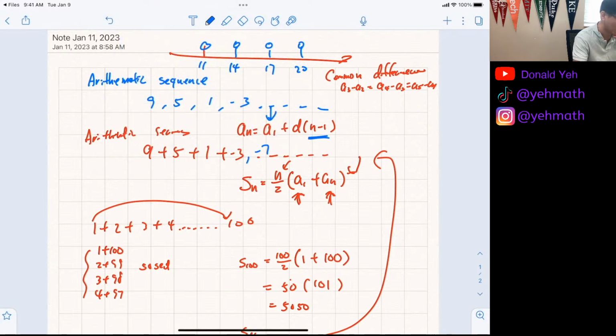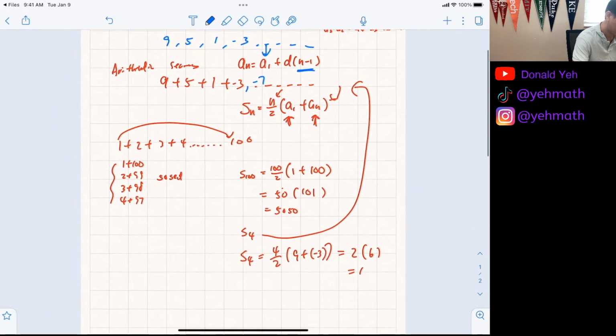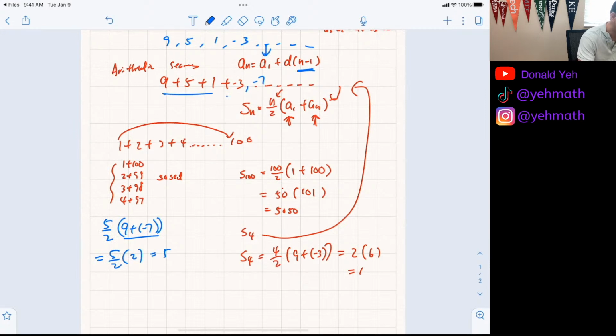It's an odd number of terms. So it's still 9 plus -7, over 2, times 5. That's equal to 5 over 2 times 2, which equals 5. If you add those 5 terms together, what you're going to get is 5. So even an odd number of terms will work.